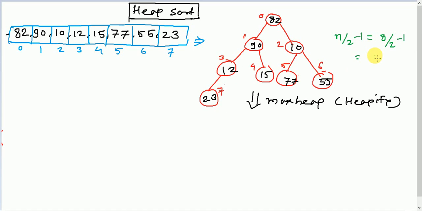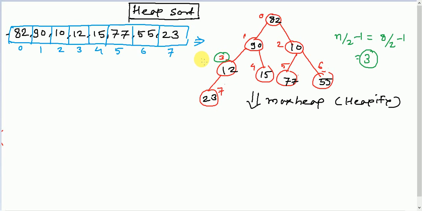So index 3 is my highest index parent, and from index 3 onwards I'll construct my max heap, going from index 3 towards index 0.